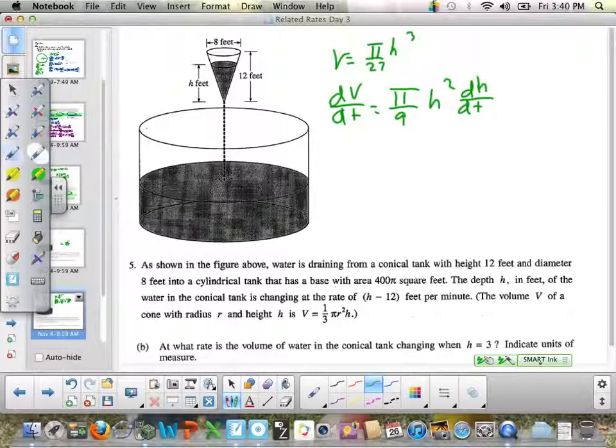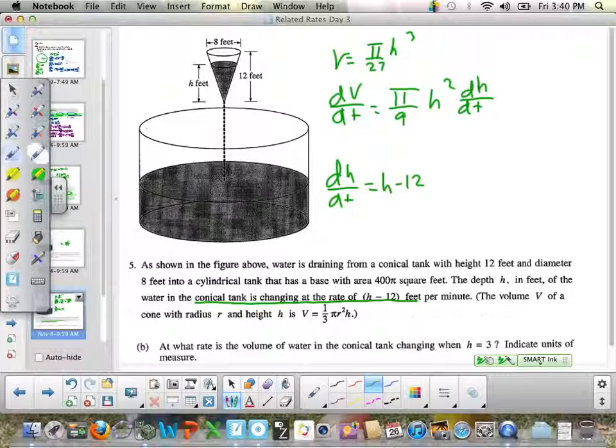Let's plug in what we know. The depth of the water in the cone is changing at a rate of h minus 12. So dh/dt equals h minus 12. At what rate is the volume changing when h equals 3?